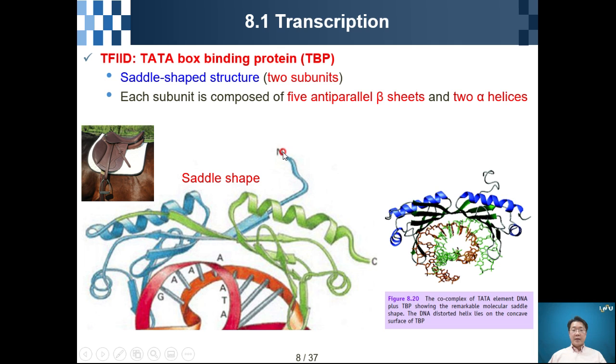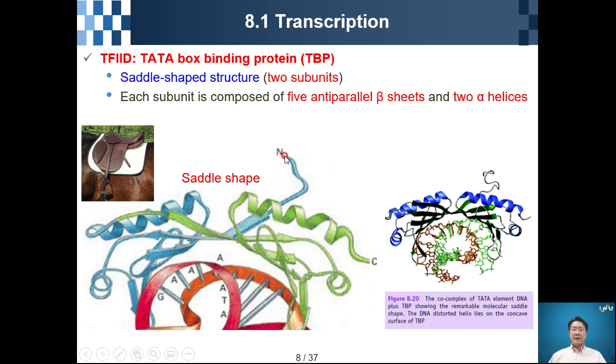They are one protein. The N terminal starts from here, and the C terminal is located here. But they look like they have two subunits. This is the left subunit, and this is the right subunit. Each subunit is composed of five antiparallel beta sheets.